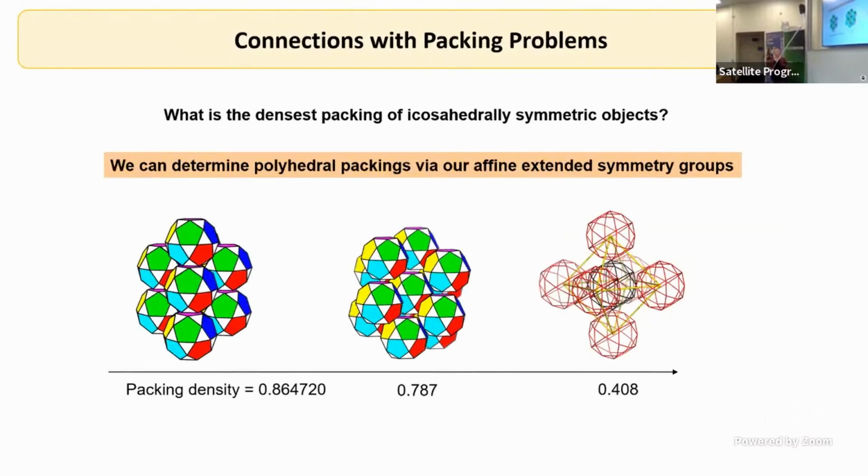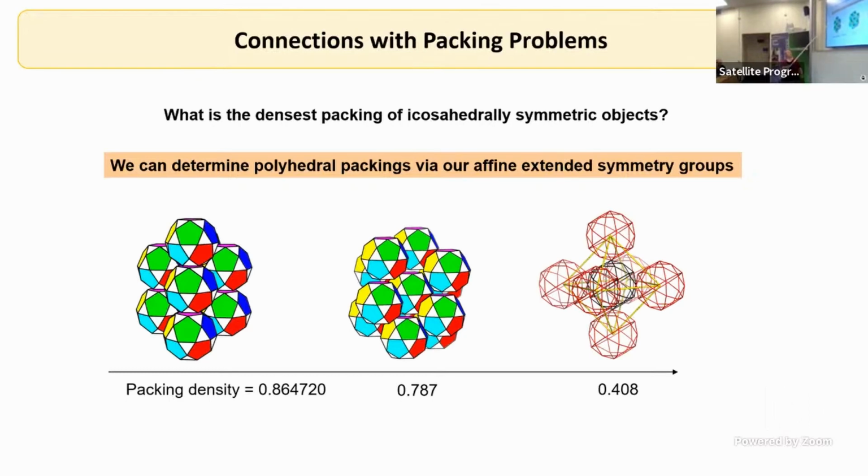We have a classification of all these extended symmetry groups. We can filter for those which do not lead to overlapping packings, but packings such that either faces touch, vertices touch, or edges touch. We had this in a talk earlier in the week.